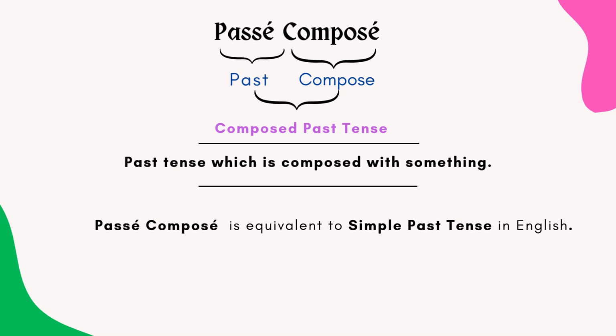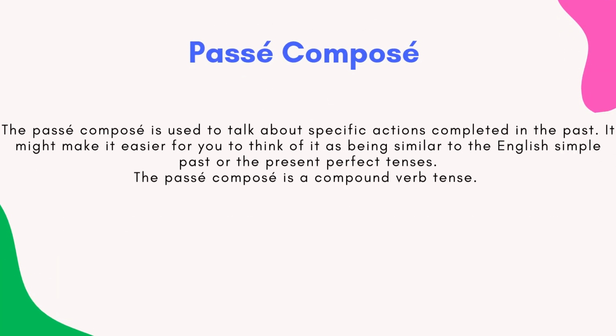Now, let us move to the main purpose of this video. When is passé composé used appropriately? When discussing particular past actions, the passé composé is employed, which is we use passé composé to talk about specific actions which started and ended in the past itself.